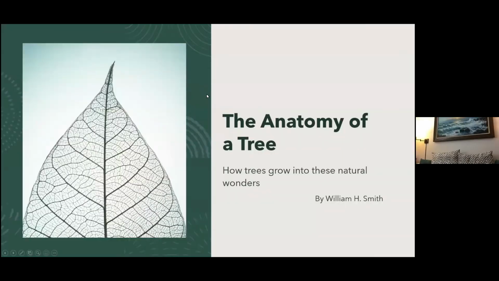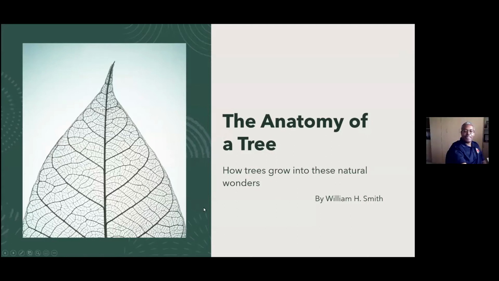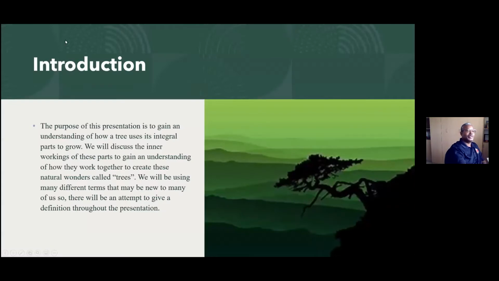There. Good. Okay. Can we move this? I want to move this out of the way. Yeah, that's better. All right. The name of the program is The Anatomy of a Tree. Oh boy, this is really going to be a dog. Good. That's good. Okay, but I'm trying to move. Beautiful photo. Hide the thumbnails.